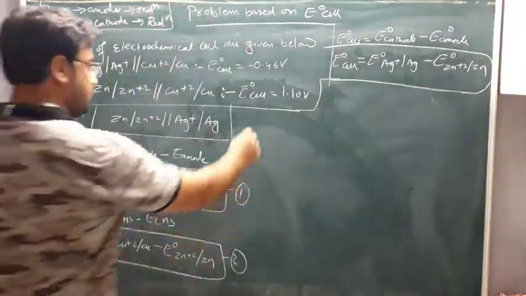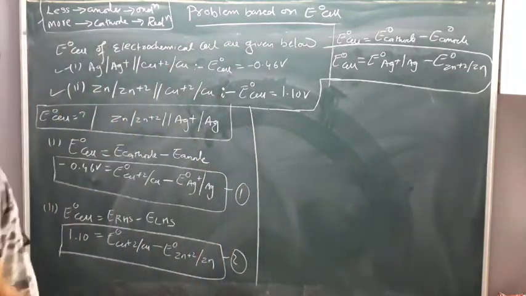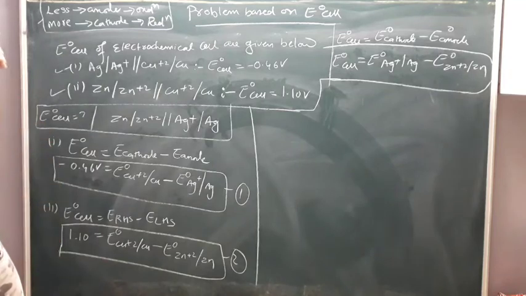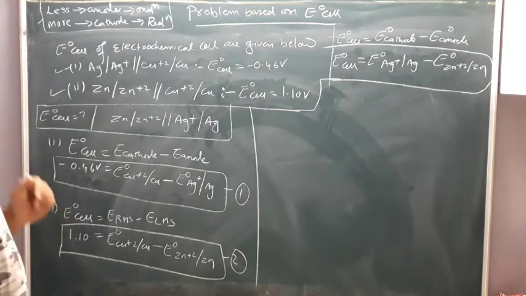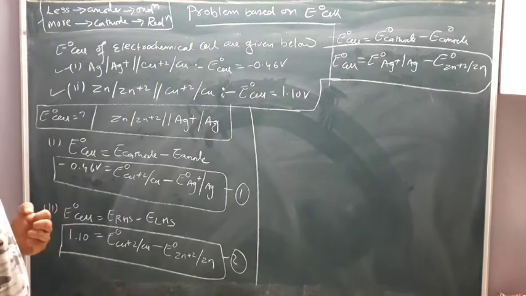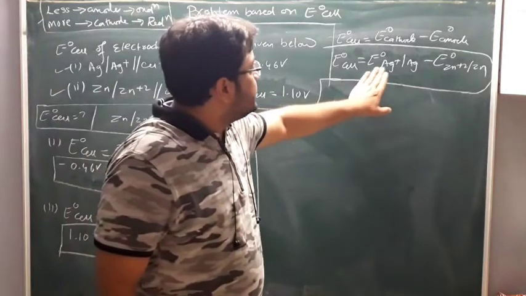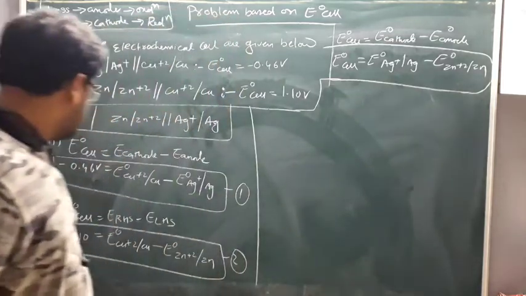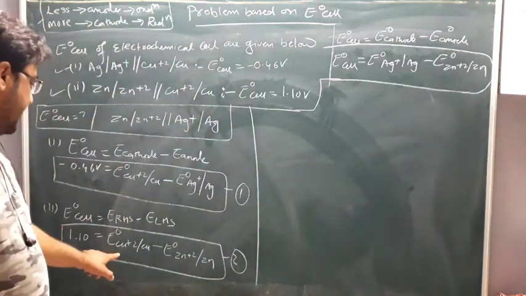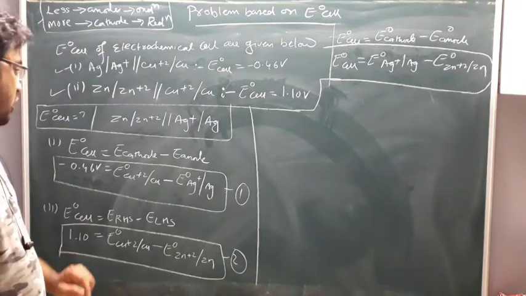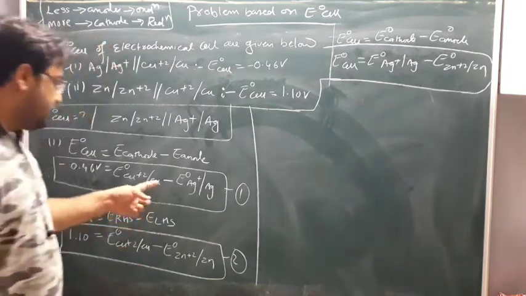Now I will solve equation 1 and equation 2. In lower classes, in standard 10, we have done the pair of linear equations in two variables. Now I need E0 Ag+/Ag minus Zn+2, so this copper should be eliminated. How will I eliminate the copper? I write these two equations and subtract.